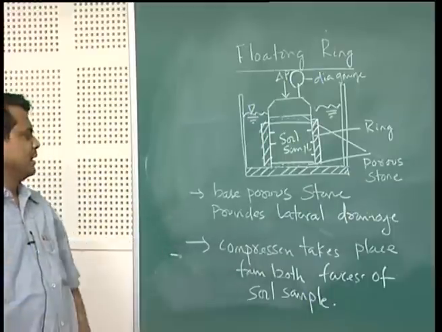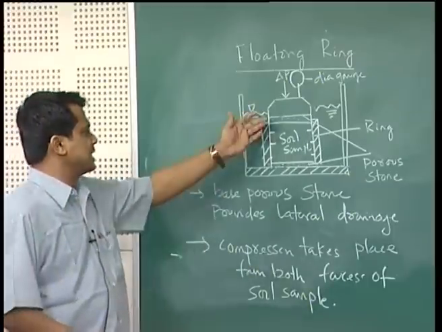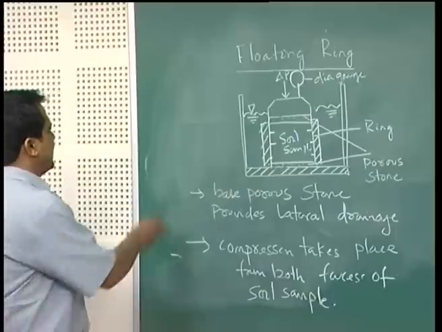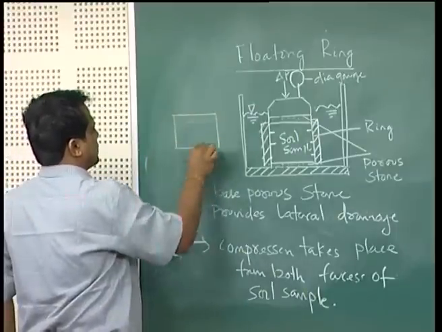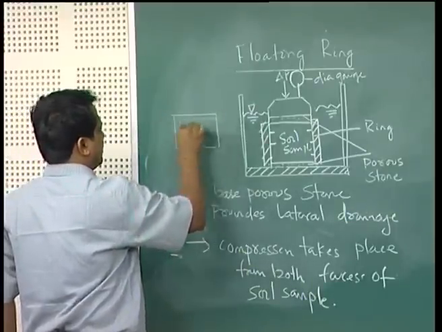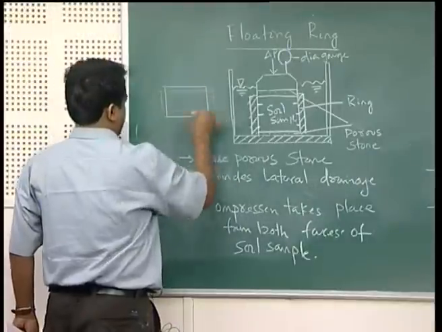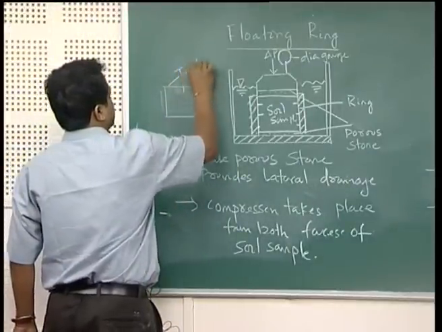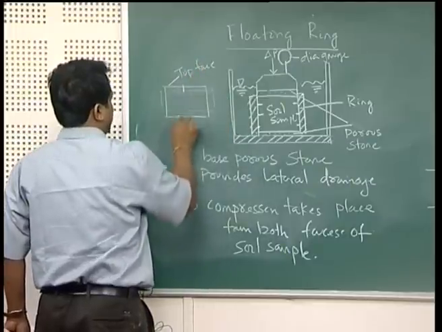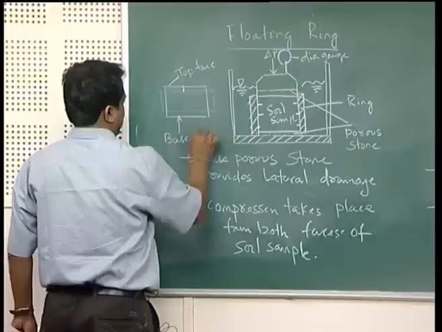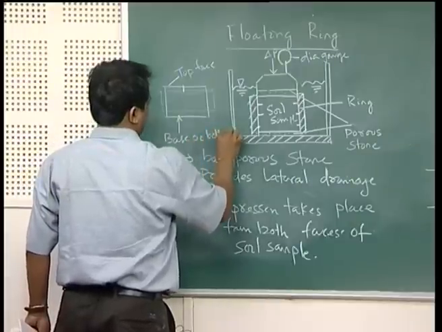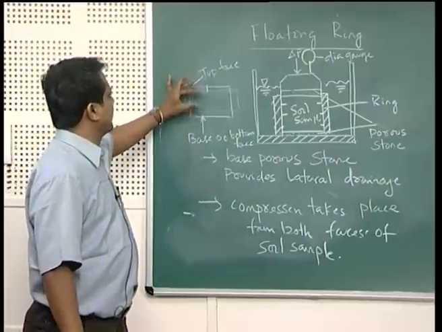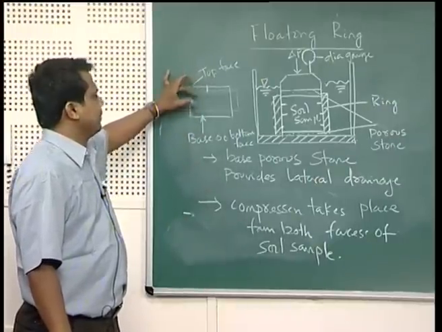That means compression takes place from both faces of the soil sample, this face also compresses, this face also compresses. So compression occurs on both faces, top and bottom, of the soil sample.